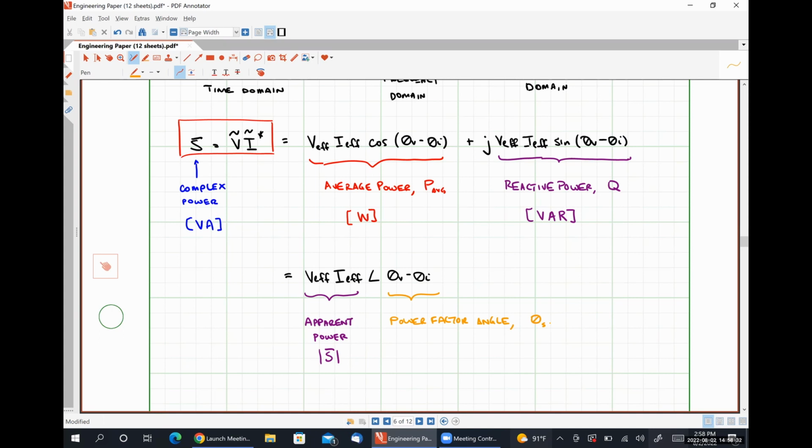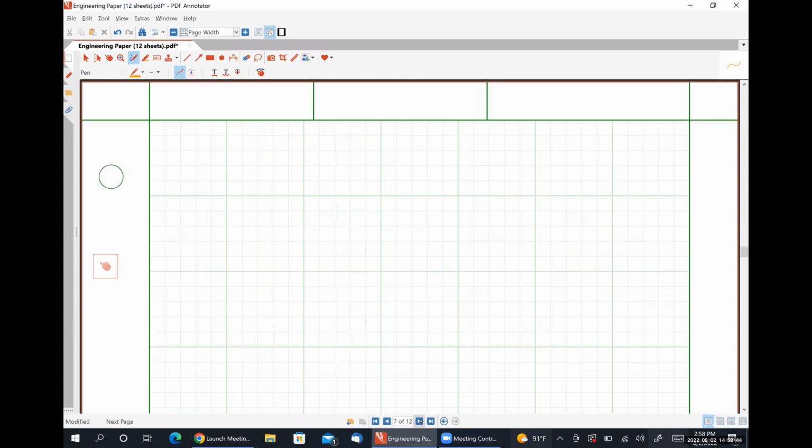So what I'm going to introduce to you now is a simple visual device that will help you learn and understand these relationships. And it's called the power triangle.